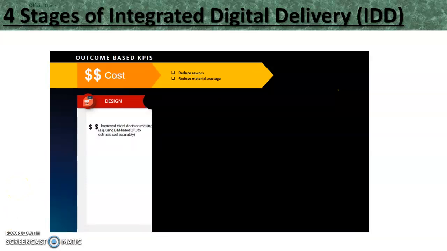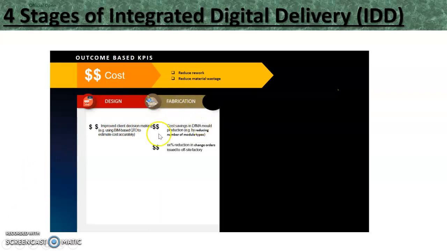Cost is one of the things that everybody is looking at in a typical project. So definitely, outcome-based KPI may include certain requirements on cost. So it could be, for example, to reduce costs through reduction in rework or reduction in material wastage. To achieve this outcome-based KPI in cost reduction, the design team could target improved client decision-making.